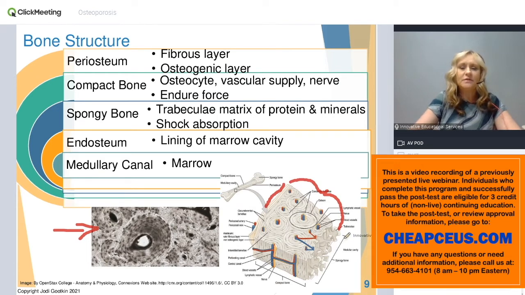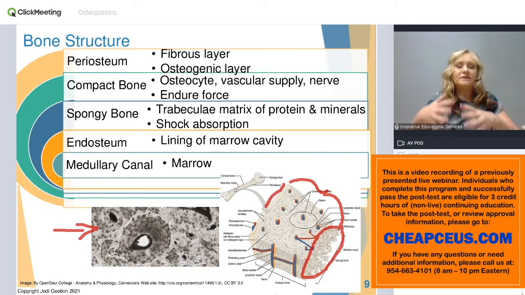The deepest layer of our bone is going to be our spongy bone, also referred to as our cancellous or trabecular bone. This region is a matrix of struts that run in different directions. It has that structure in order to really absorb the shock of forces placed upon that bone with different activities. Then we have our endosteum, followed by our medullary canal and our bone marrow.